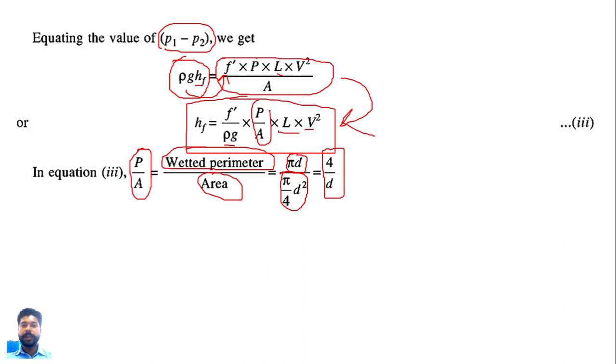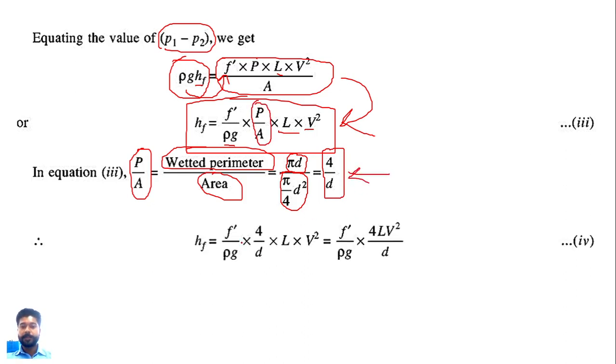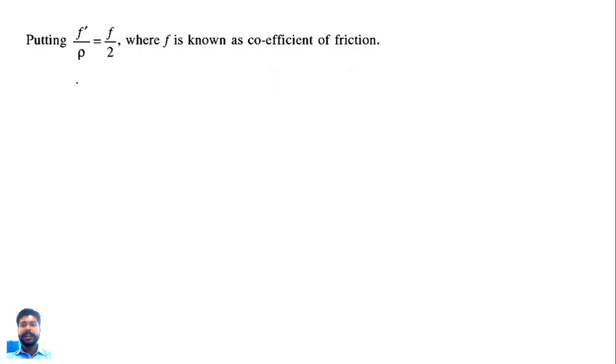Let us put the value of P upon A as 4 divided by d, and the remaining terms are the same. So hf is F dash by rho g into 4 L V squared by d.